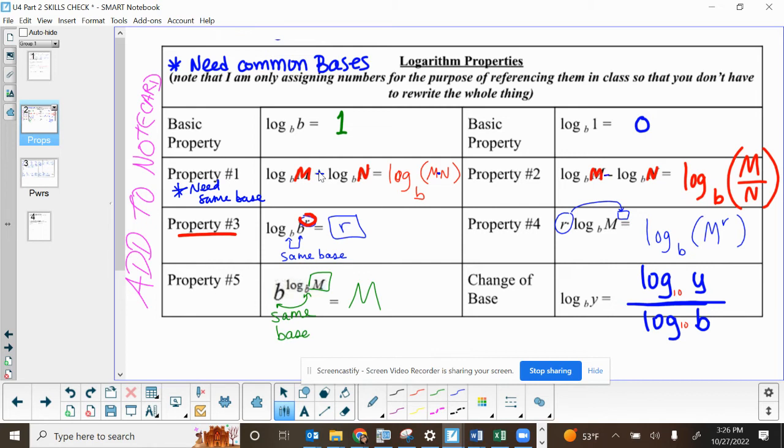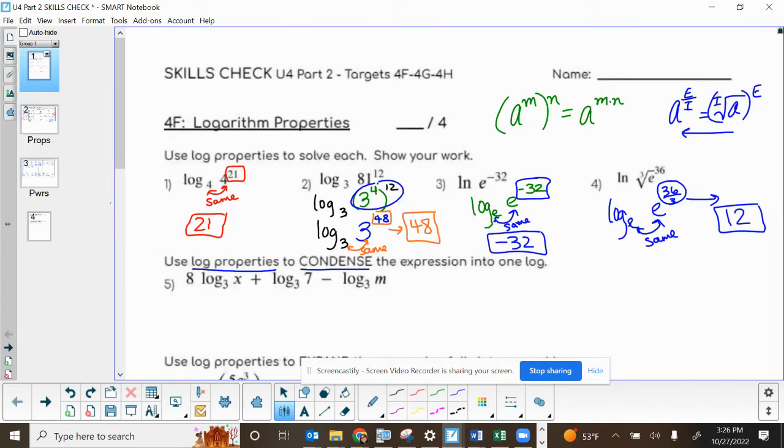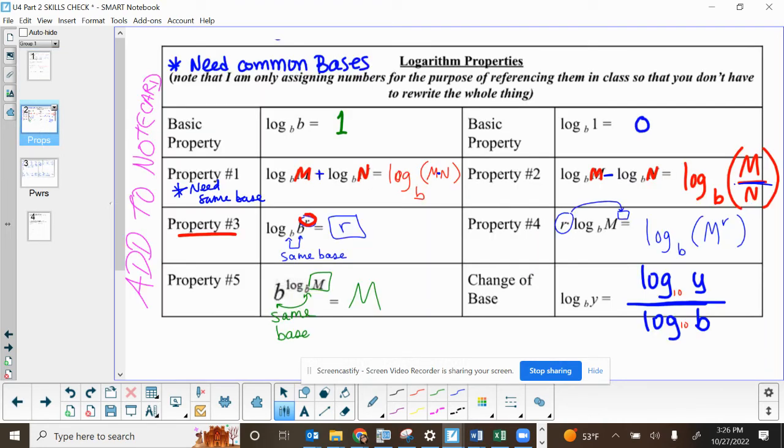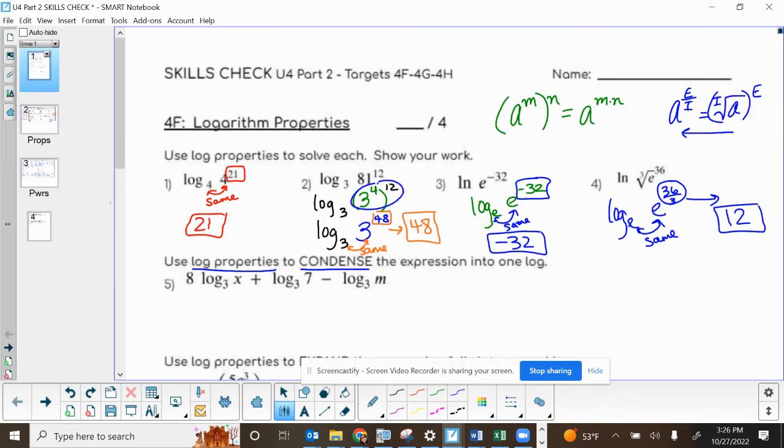And when I'm subtracting logs that have the same base, I can divide the arguments. So coming back here, I also have this property of when I have a number in front of a log that's being multiplied, I can put it over here and make it an exponent. So I'm going to use all of that.